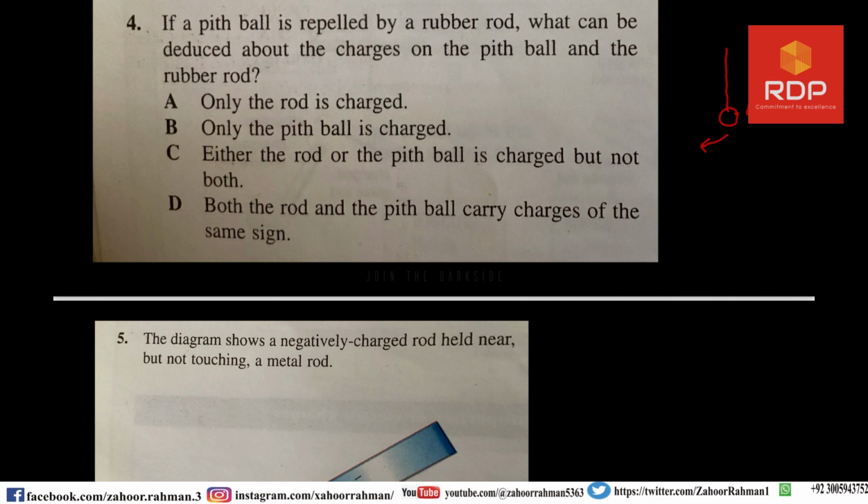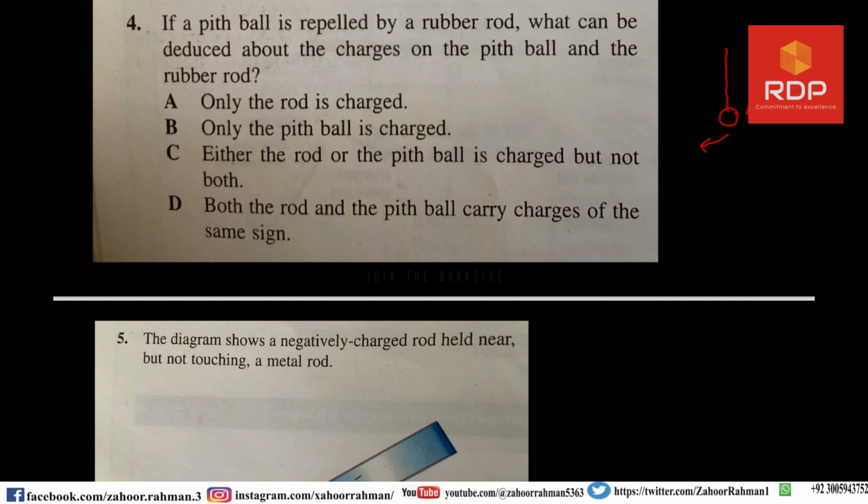So the first question which comes to mind, and the answer to that, is that both are having the same charge. So if a pith ball is repelled by a rubber rod, what can be deduced about the charges on the pith ball and the rubber rod?